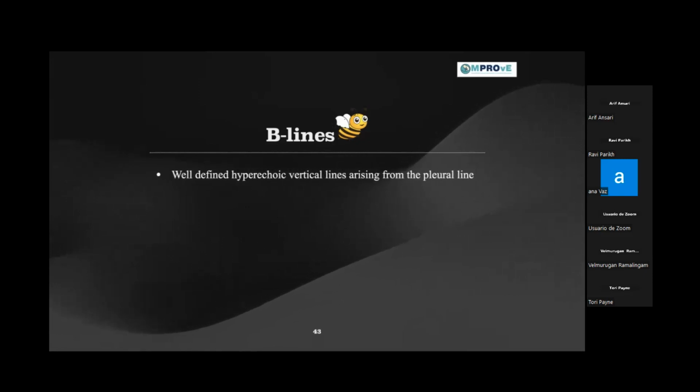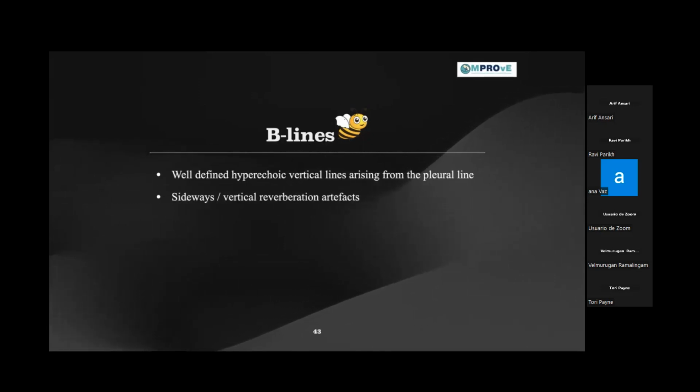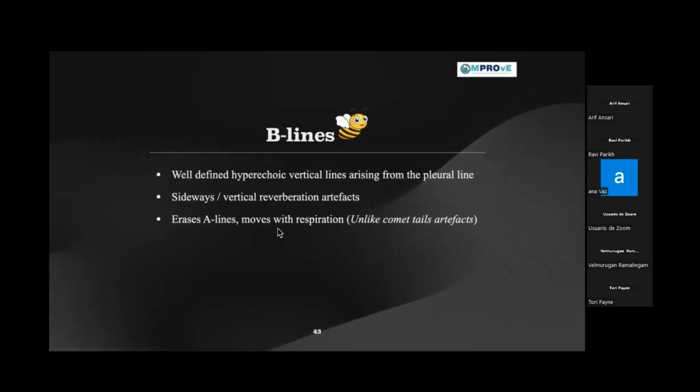Talking about the B lines, trust me, B has nothing to do with this B. I'm just trying to make it colorful. Right. So what are B lines? It's well-defined hyperechoic vertical lines rising from the pleural line. It reaches, again, sideways and vertical reverberation.